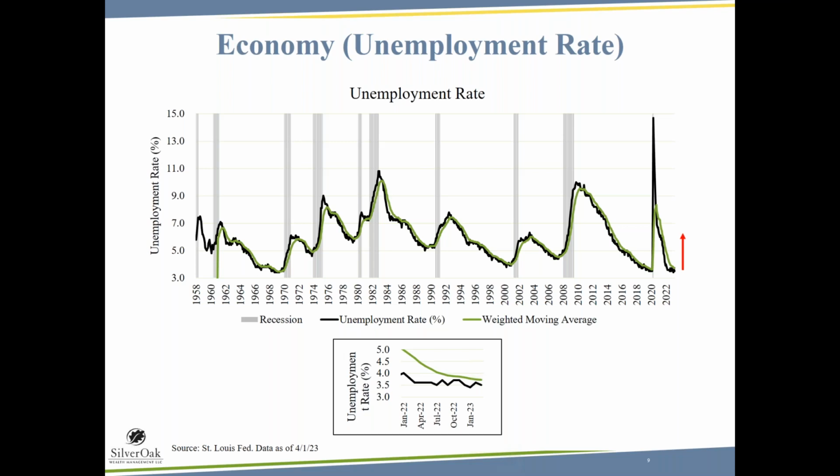If that's your belief, it almost always correlates with higher unemployment. And you can see that because each of these gray shaded areas on this chart vertically, those are recessions. And you'll see there's a high correlation between the unemployment rate, the black line, peaking during or around those recessionary gray areas.